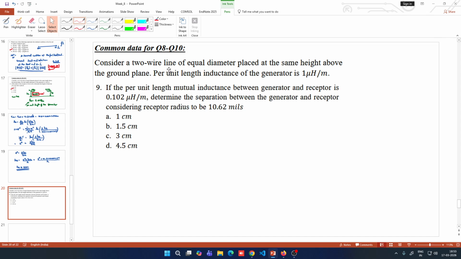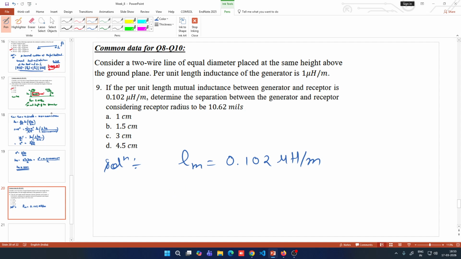Here also the same line is there above height. Now in question number 9, what we have to find is, if the per unit length mutual inductance between the generator and the receptor, Lm, is given as 0.102 microhenry per meter, determine the separation between the generator and the receptor.